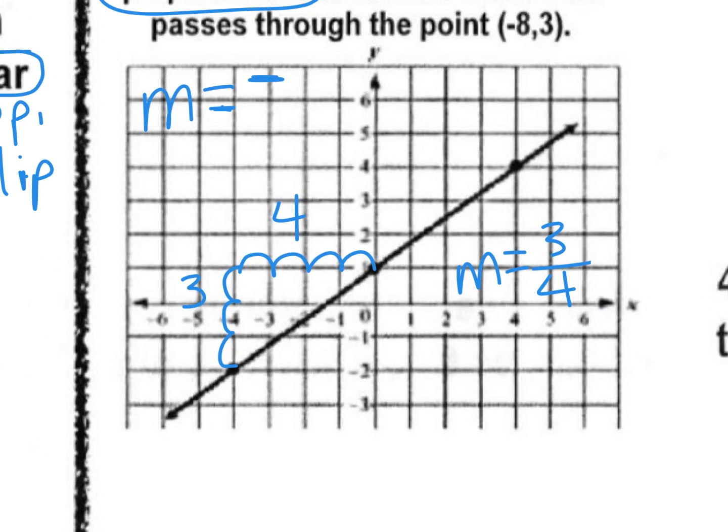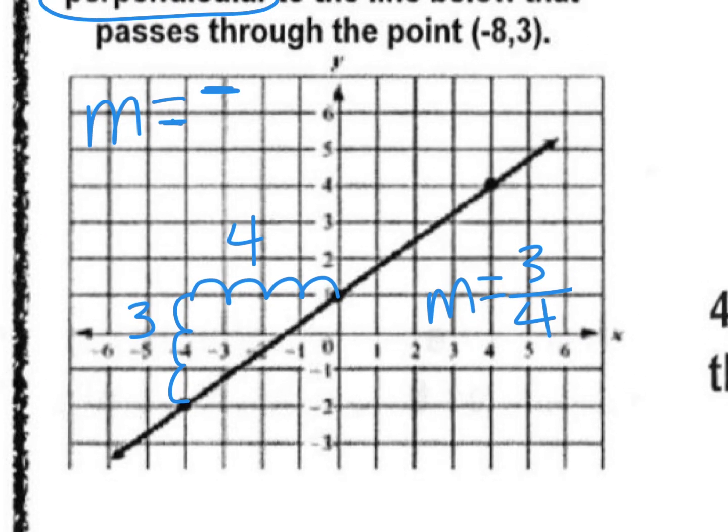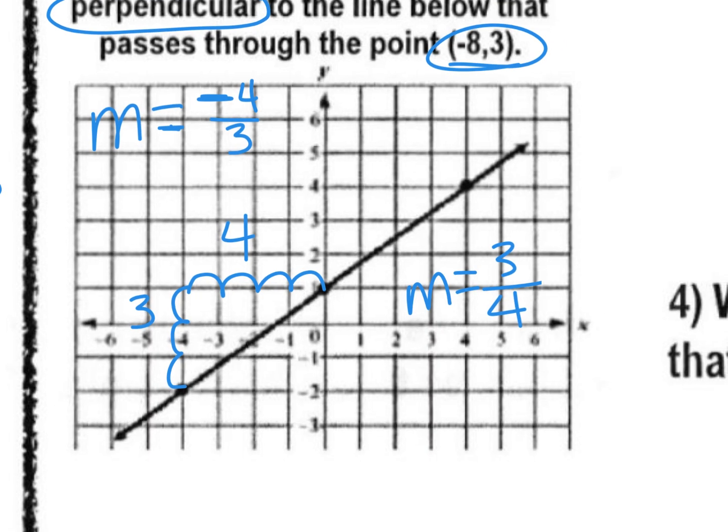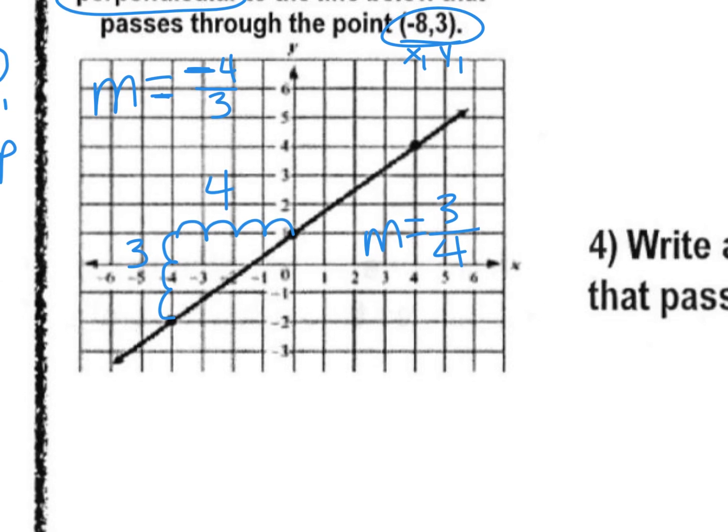I need to make it negative, which we already did. And what is it going to be when we flip it? Negative 4 over 3. Now I can use my formula. So let's set up our formula. This is our x1 and our y1. And we've got our new slope right here. So y minus what?